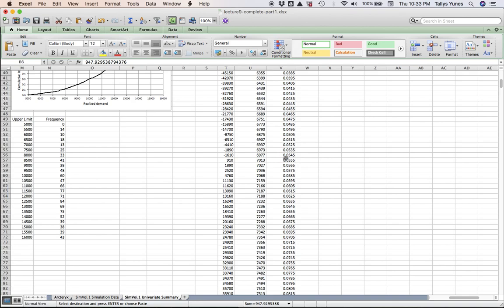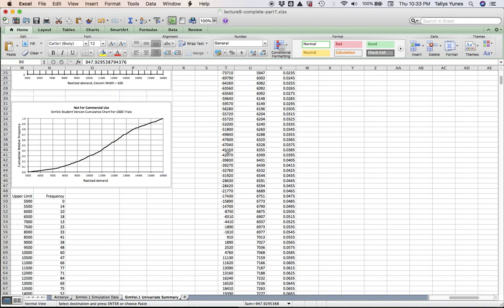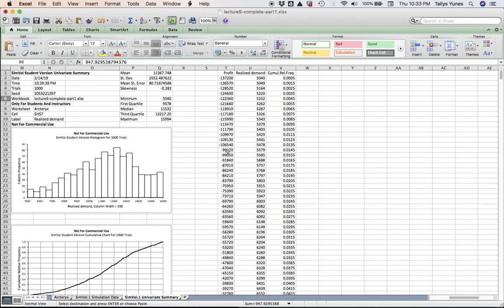One of the questions in the lecture note is, what is the chance you will lose more than $100,000? So I can scroll until I find negative 100,000 on the profit column, more or less here between this and the next one. That chance is about 1.4 or so %.